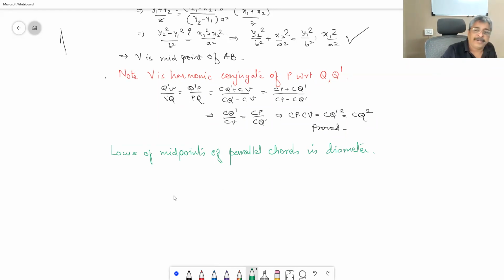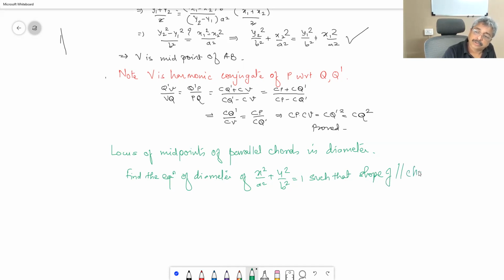So find the equation of diameter of the ellipse x square upon a square plus y square upon b square is equal to 1, such that the slope of parallel chords equals m.